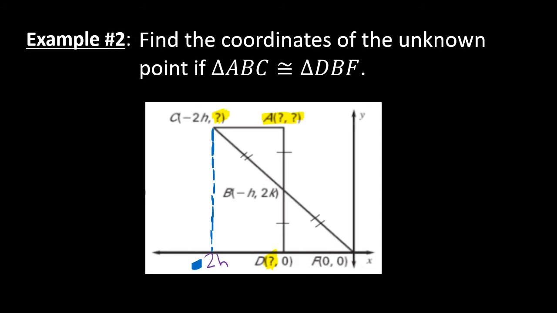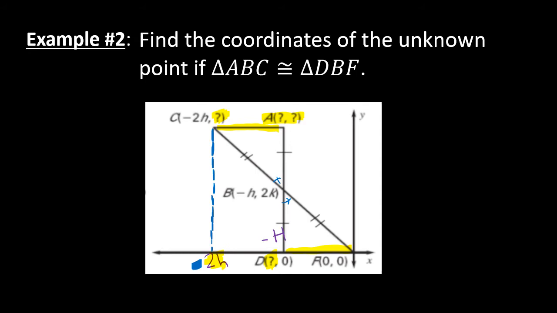I can also use the triangle congruence properties to determine that these two triangles are congruent. And what does that mean to me? Well, that means that this segment here and this segment here are the same length. So if they're the same length and I went over 2h to get to that point right there, that basically tells me that every x coordinate on this line is going to be to the left h.